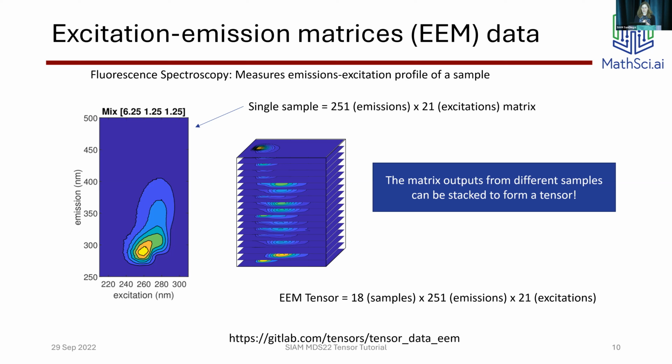So what you're going to get is data measured at 251 emissions, 21 excitations, and then we have 18 different samples. So we'll put that into a tensor. That's the tensor data EEM, where that data is located, and we have a lot more details if you go to that GitHub about where this data came from and how it was pre-processed.